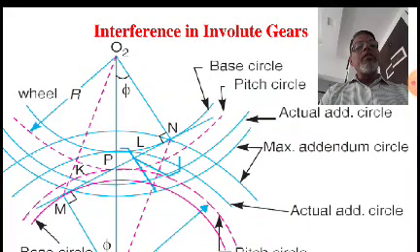You can see here, if you consider this triangle O2Pn, then this Pn is equal to O2P sin phi, right? And O2P is what? O2P is the pitch circle radius of the wheel.